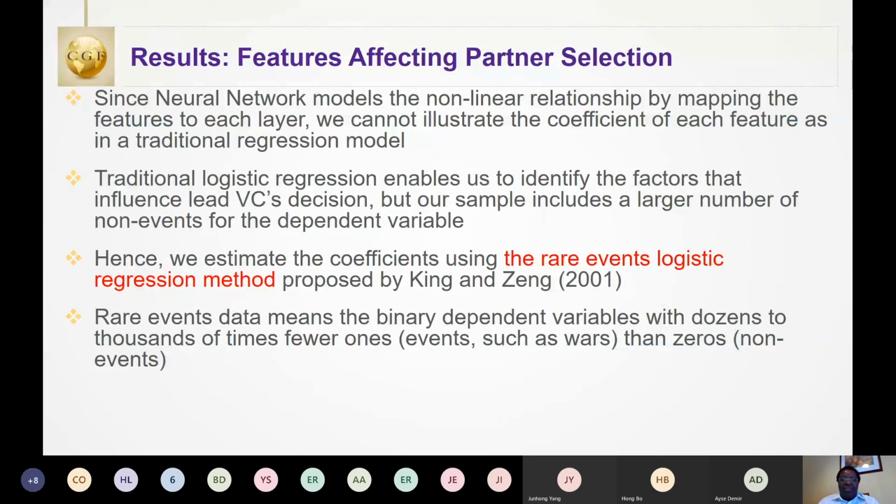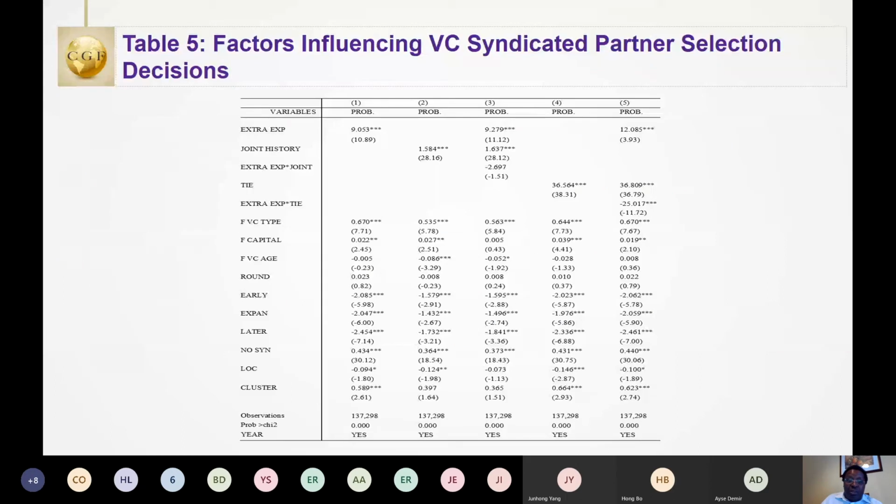So there's the events versus non-events. And this is the methodology that we invoke to be able to do further econometric testing, leading us to table 5.